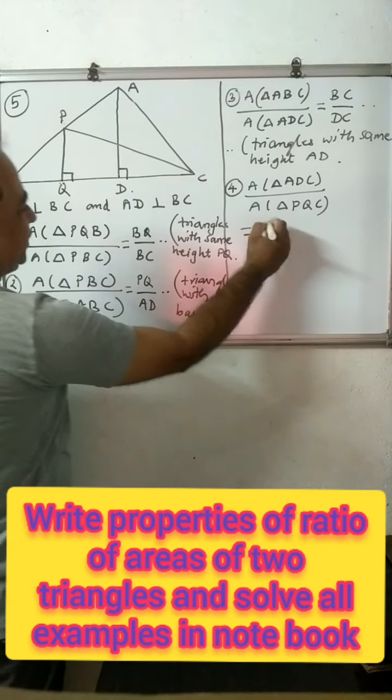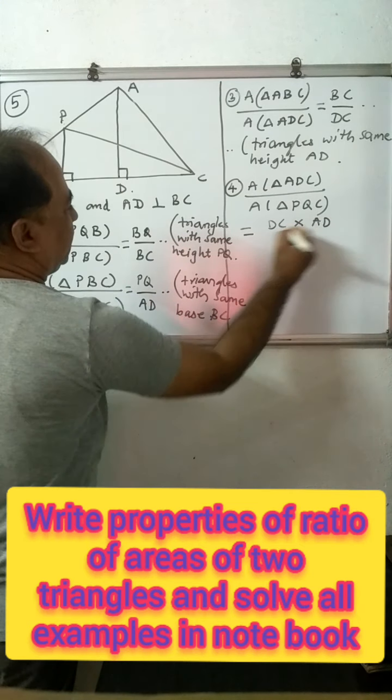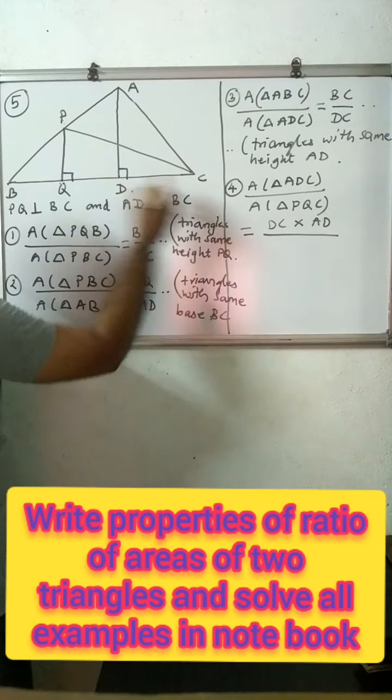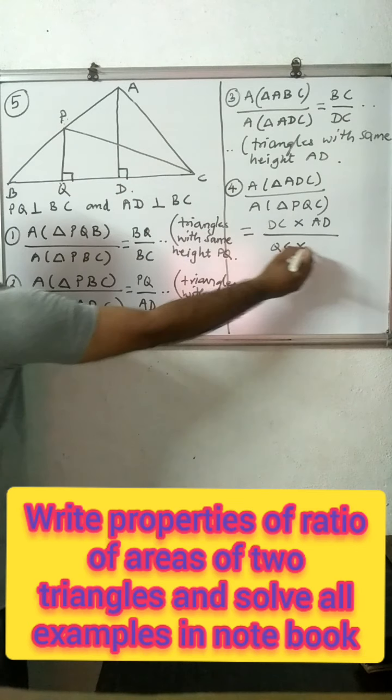So base DC into height AD upon base QC into height PQ.